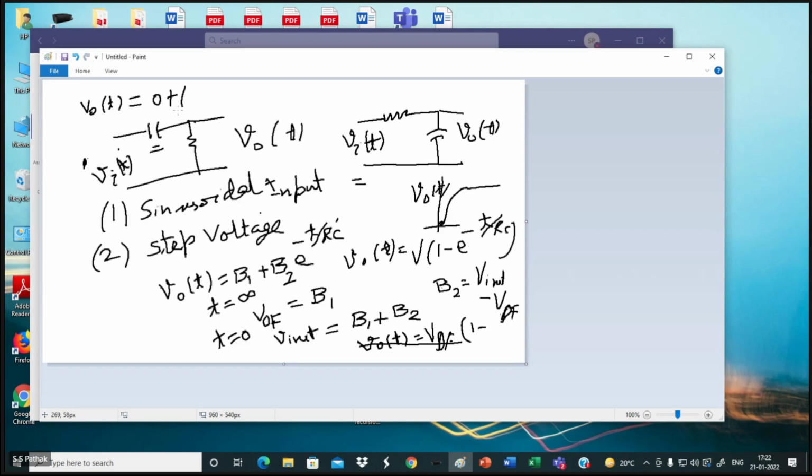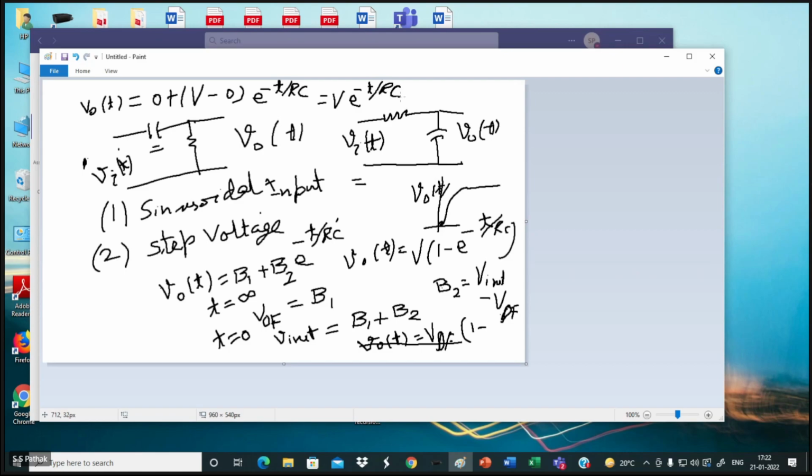V initial at the output minus V naught F. V initial output is what? Whatever step voltage I applied, minus 0. e to the power minus t by RC. That's what I have assumed, B1 plus B2 into e to the power minus t by RC. So it is nothing but V into e to the power minus t by RC.